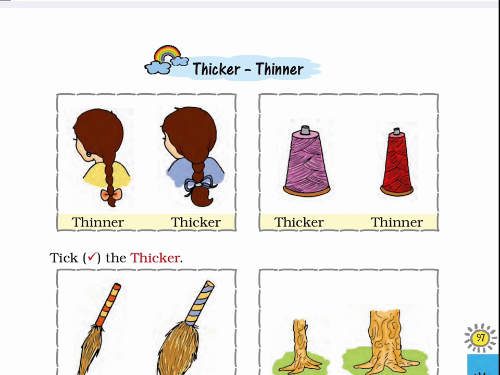The word thicker is written below spool 1 and the word thinner is written below spool 2. The spool with more thread is thicker than the spool with less thread. Question 1. Tick and identify the thicker.